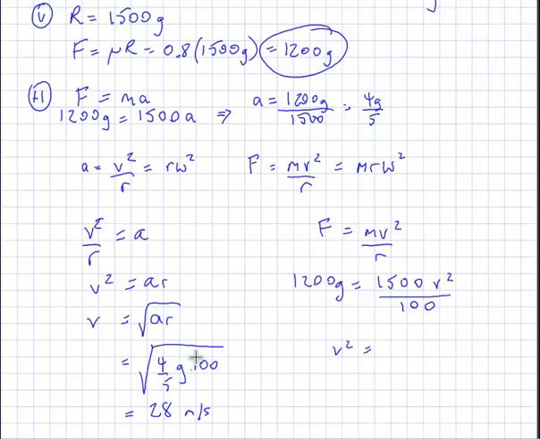We get v squared is equal to 1200 g divided by 15, and therefore the velocity is the square root of that, and we get the same answer, 28 meters per second. So just be aware that we've done quite a lot of questions using mr omega squared, but if you're asked about the linear velocity, you need to use one of the formulas involving v.